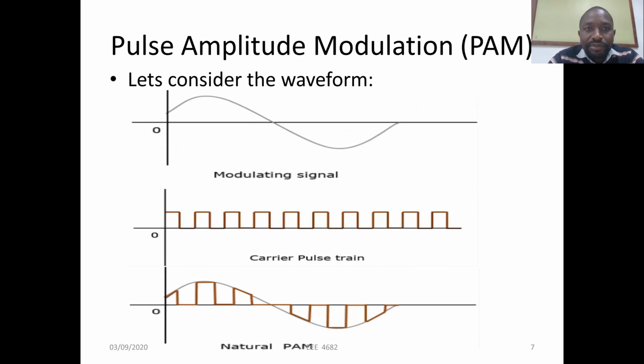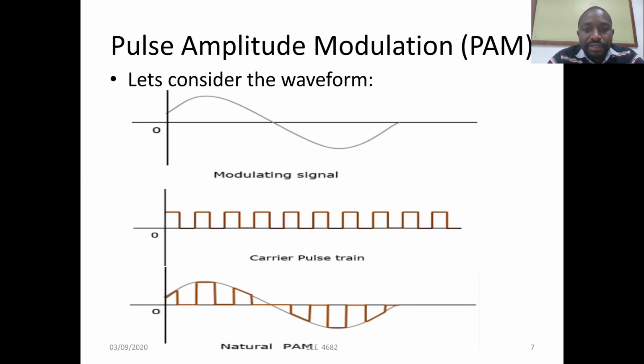Now, pulse amplitude modulation in terms of a waveform can also be illustrated, whereby you have the first waveform here giving us a modulating signal, and then the second waveform giving the carrier pulse train.